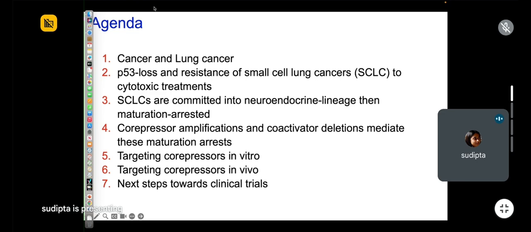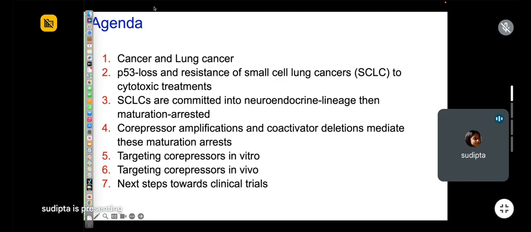As we all know, there are transcription factors, translational regulation, gene expression, and a lot of co-regulators like co-repressors and co-activators. I will be talking about how, in cancer cells, the co-repressor is amplified and the co-activator is deleted. That turns into the maturation arrest.